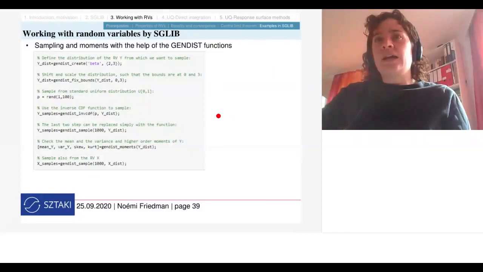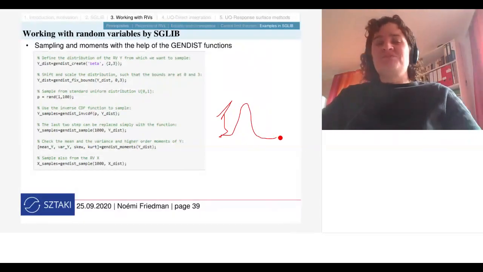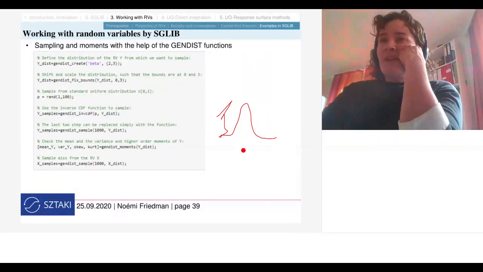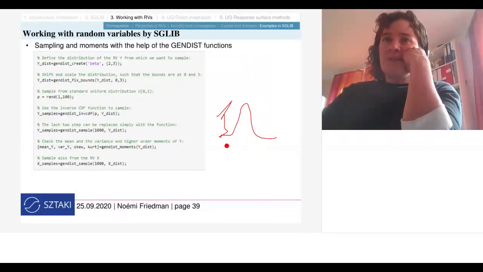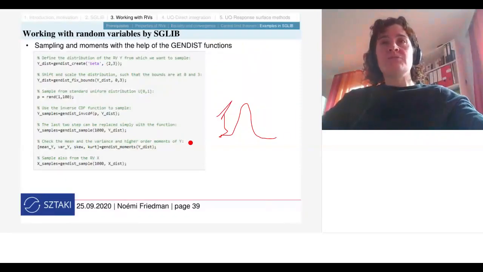It depends on the parameters, but it's something like that. Sorry, I don't have to push the button. It looks like a Gaussian, but it is bounded. So it's a useful distribution for engineers who want something similar to a Gaussian distribution, but their distribution is actually bounded.